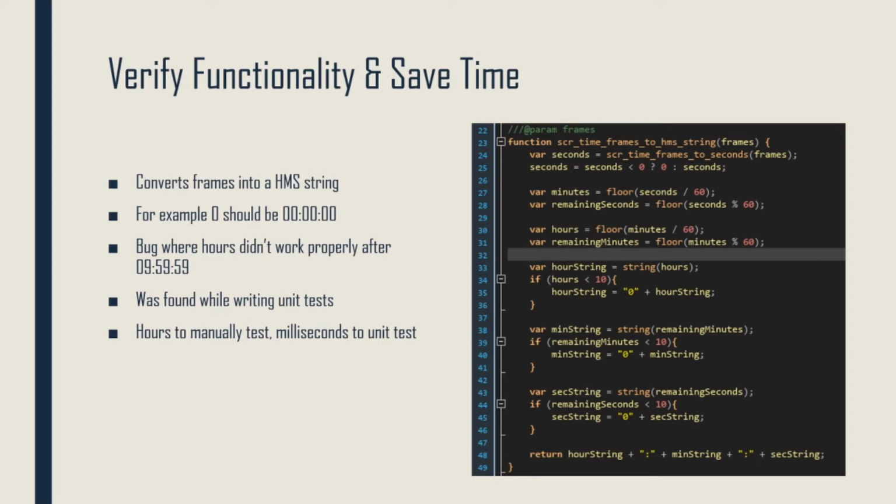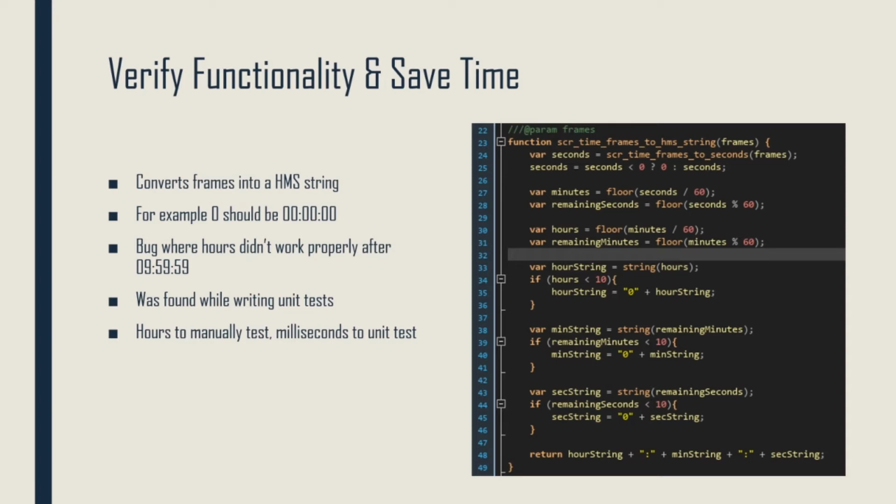So I have this utility function that converts frames into an hour, minute, second string, and I thought that it was working fine. But it turns out that when it switched over to 10 hours, there was an issue with the hour string not being formatted properly.